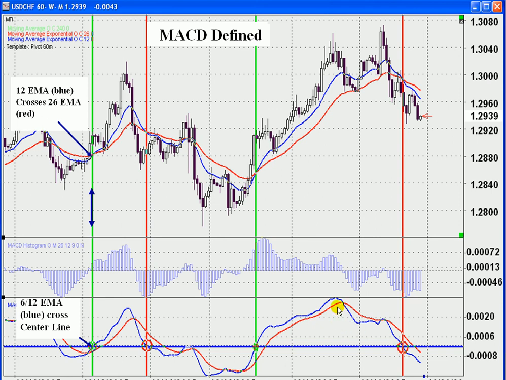As well, if you look on this chart, you'll see that any time the blue crosses the red, the histogram also crosses, because at this point the histogram is effectively closed and now moving to the lower side of the histogram center line.